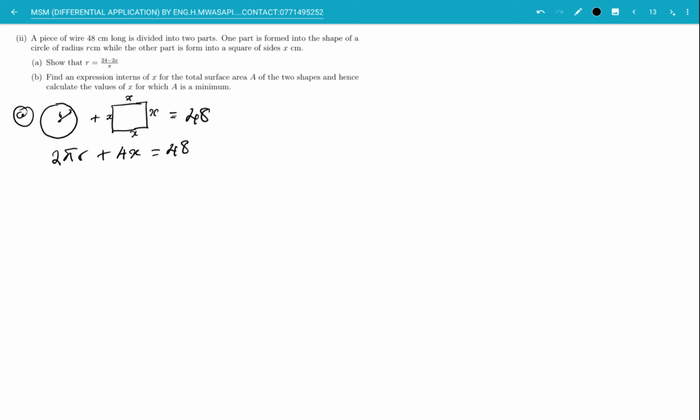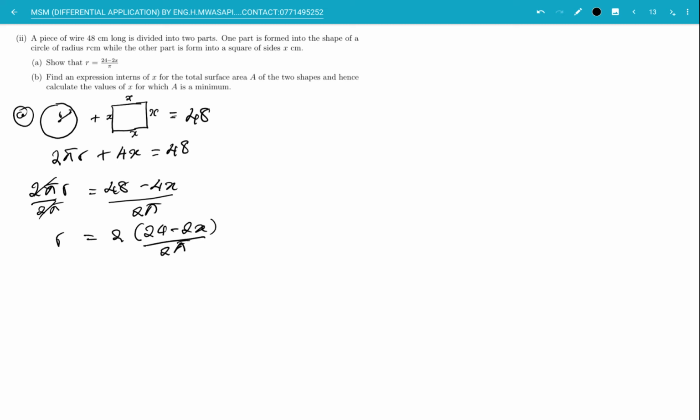So our r is now going to be equal to, we can factorize a 2 on the numerator, 2 open brackets 24 minus 2x over 2 pi.